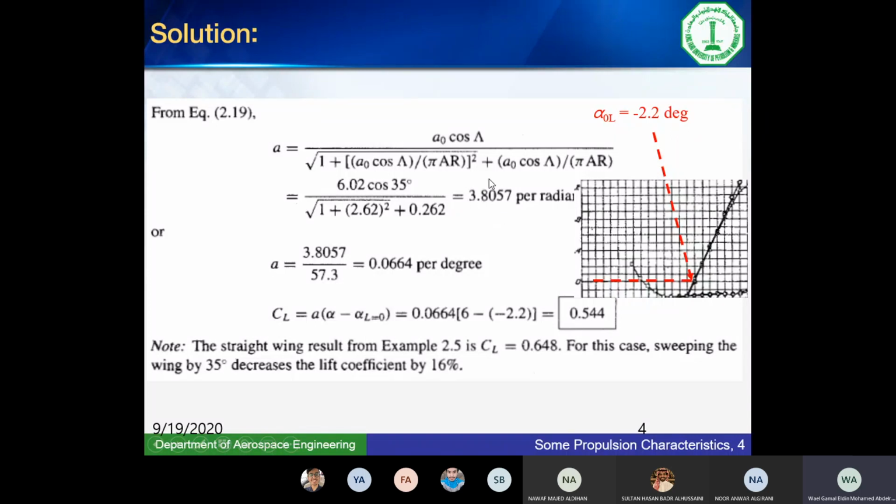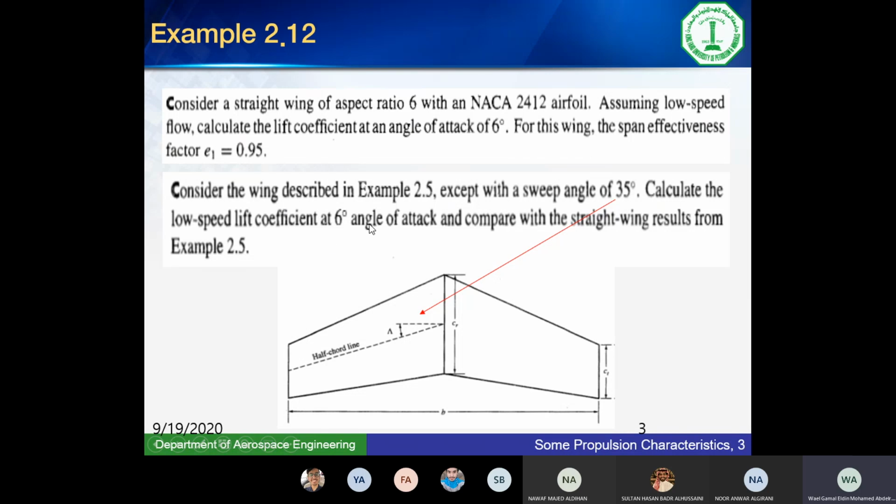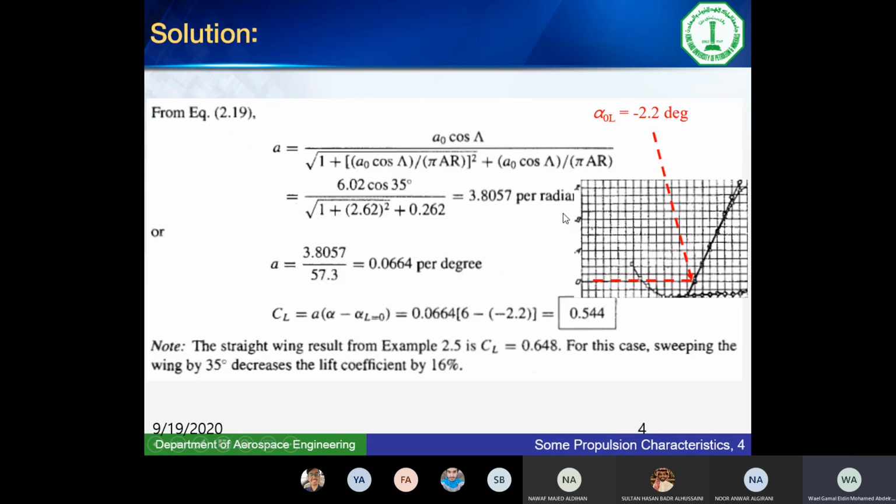I cannot take this slope and multiply it by 6 degrees because this is 6 degrees and this is the slope per radian. So I have to convert it to be per degree. So we will take the 3.8 divided by 57, giving me the A per degree, 0.066. Now I need to multiply it by the angle of attack in order to get the CL to be 0.54.